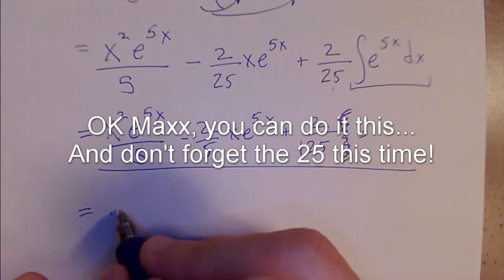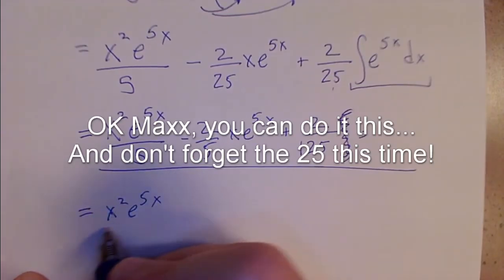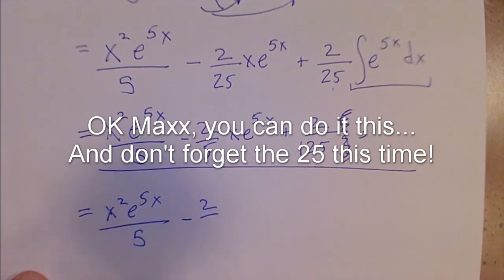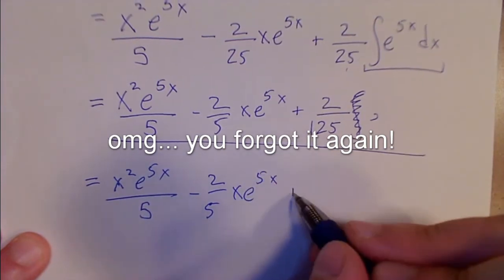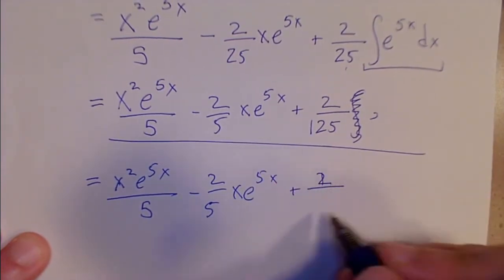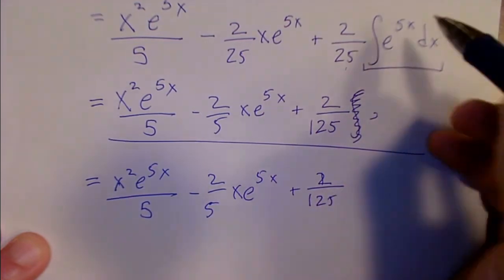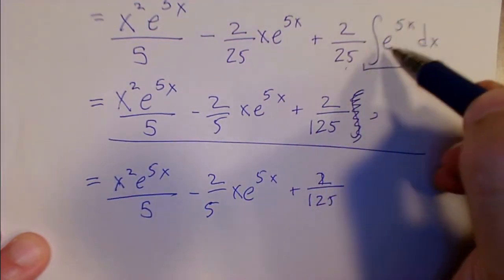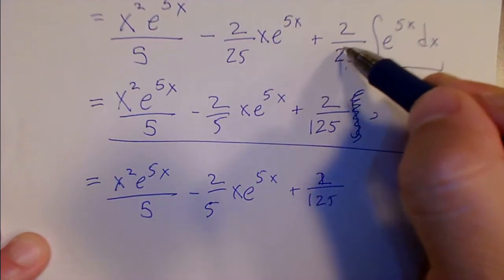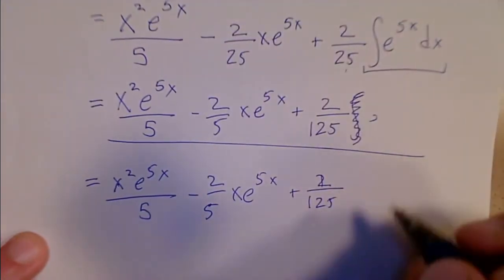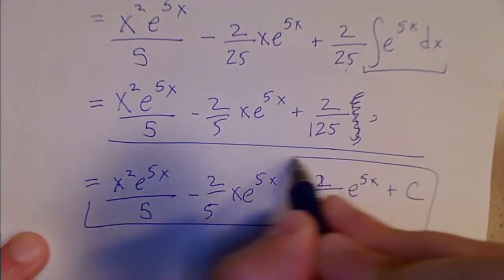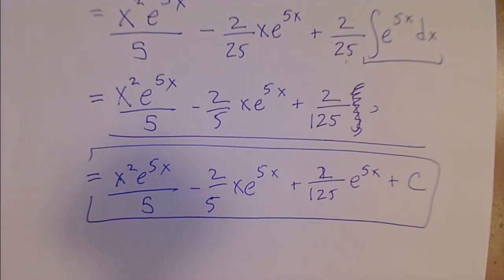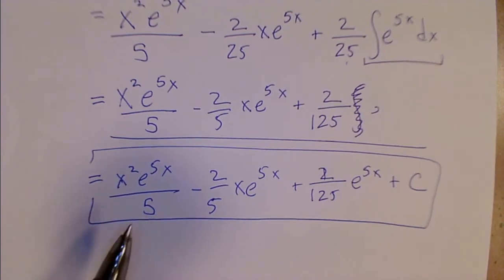We get x squared e to the 5x over 5 minus 2/5 x e to the 5x plus 2 over 125 e to the 5x, because I'm integrating this 5 right here, so I get an over 5. And then I add my arbitrary constant c, because I'm all done with my integral. And if you want to check if this is the answer, you would differentiate this thing right here and make sure that you get that right there.